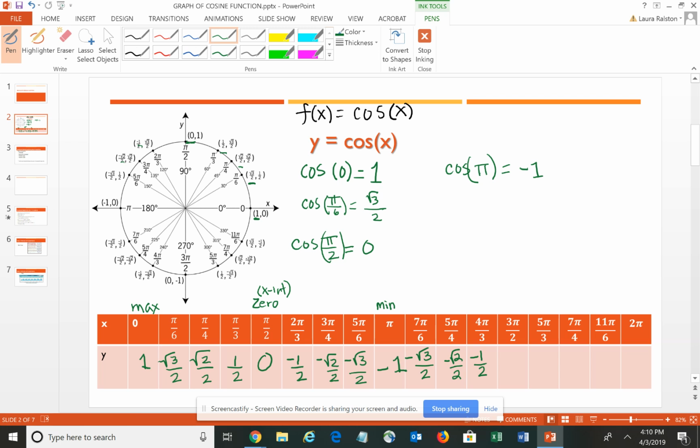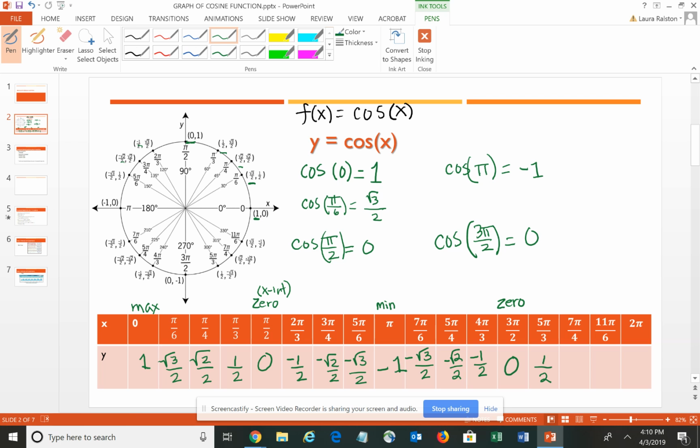Cosine of the quadrantal angle 3 pi halves. At 3 pi halves, it's 0. So again, I have a 0 or an x-intercept at 3 pi halves. Continuing the rotation, cosine of 5 pi thirds would be positive 1/2.